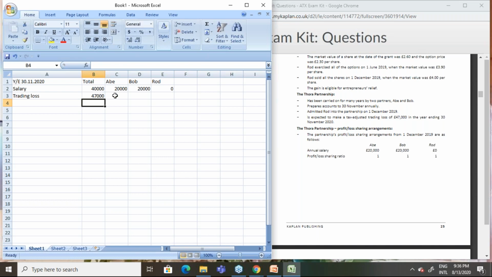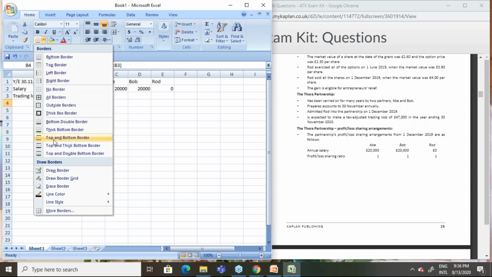On top of that 47,000, you have to pay 40,000 as salaries. Therefore, the total loss is actually 87,000 here.